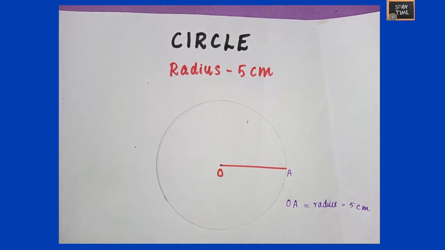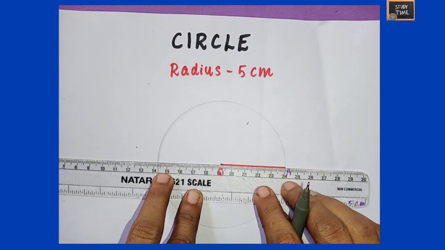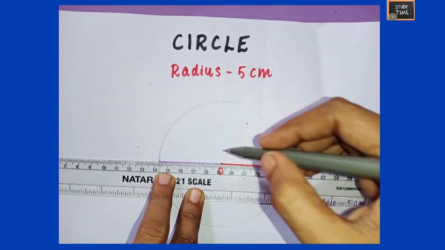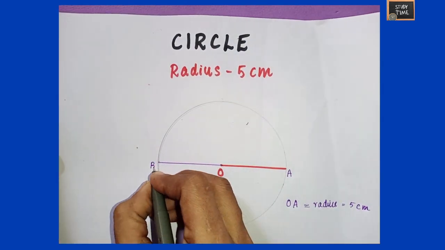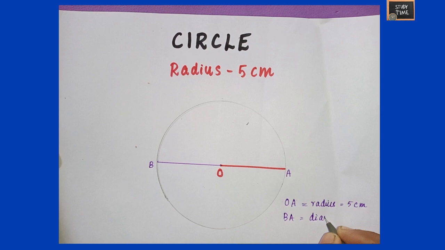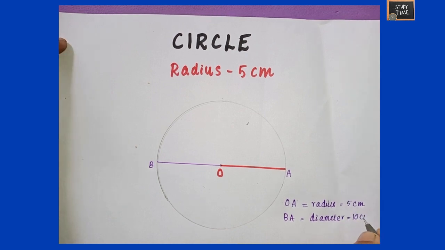Then we shall draw the diameter. So the line segment joining the circumference points which passes through the center is the diameter. Here I have marked B. BA is the diameter. The diameter length is 10 centimeter.